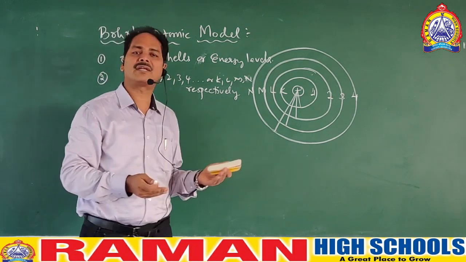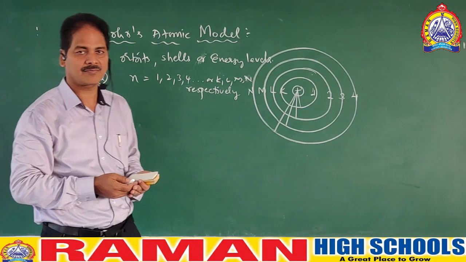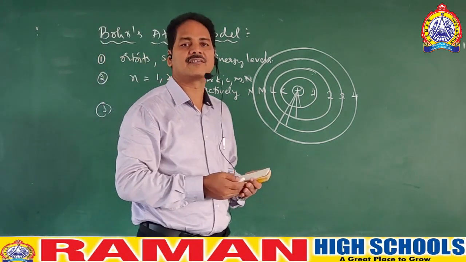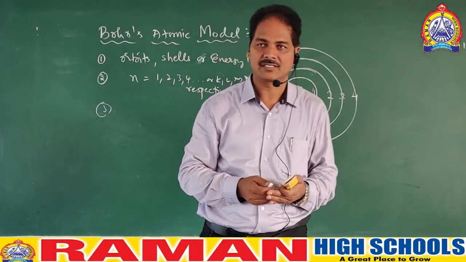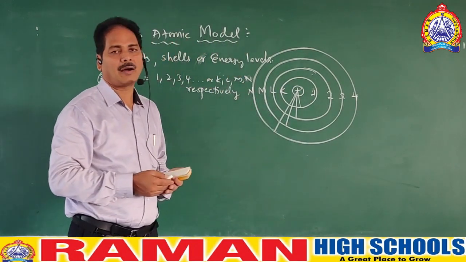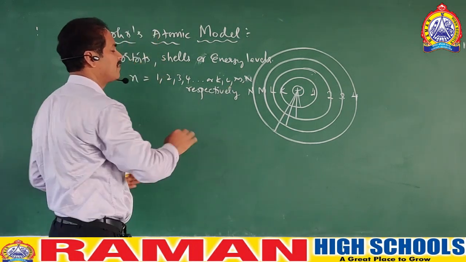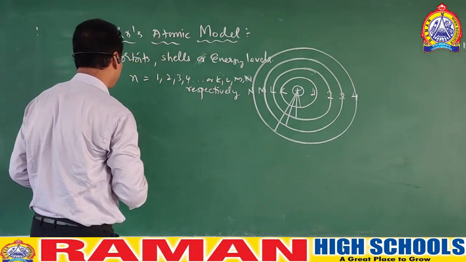So the farther the orbit, the more the energy. The last orbit will have more energy, and the first orbit will have the least energy. The last orbit is also called the outermost shell. So the last orbit will have the highest amount of energy.